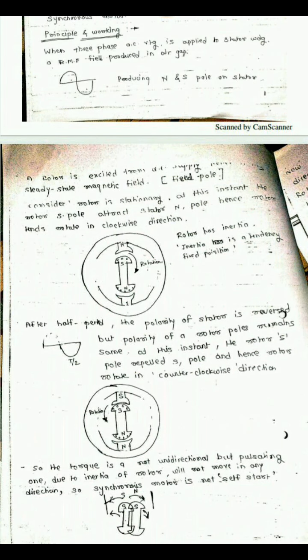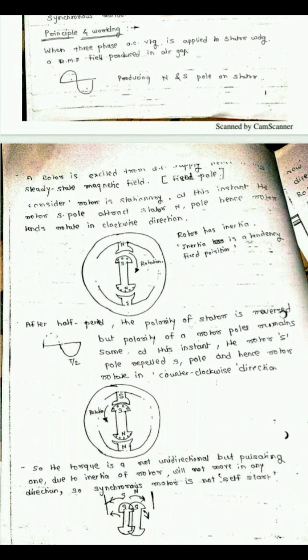So let's start with why the synchronous machine is not self-starting. At the time of starting, the rotor is excited from a DC supply, and a steady state magnetic field is produced by the field pole. Consider the rotor is stationary.